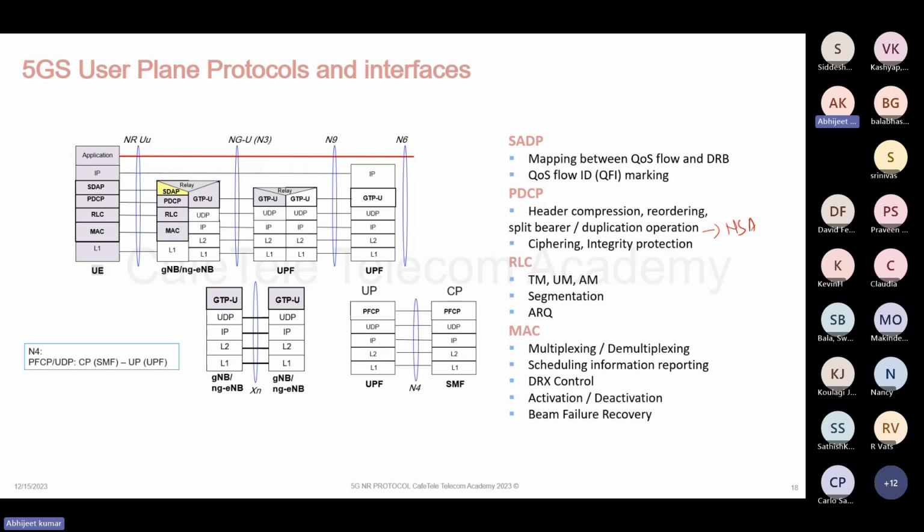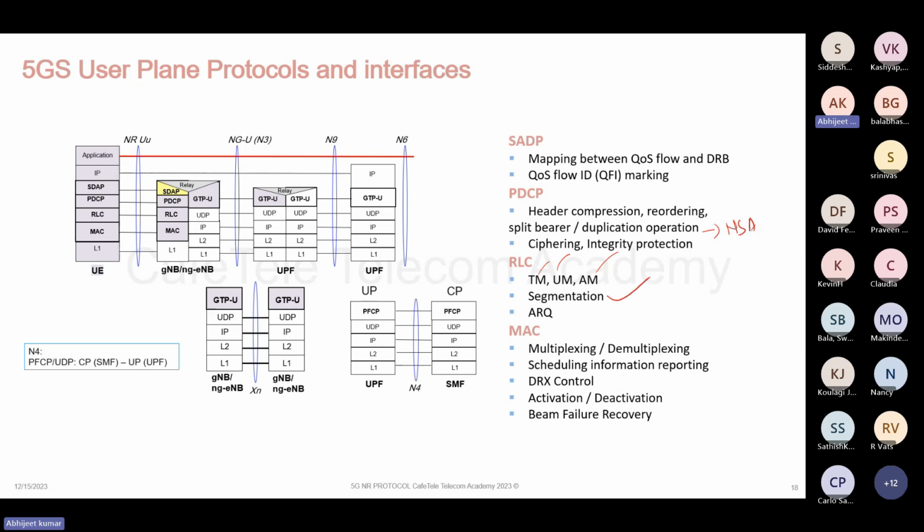Ciphering and integrity, we will explain later. Ciphering simply means encryption, and integrity is a kind of OTP that you are providing. Then we have the RLC layer, called radio link control. Here we have three modes: transparent mode, unacknowledged mode, and acknowledged mode.